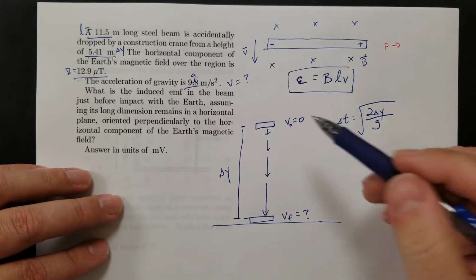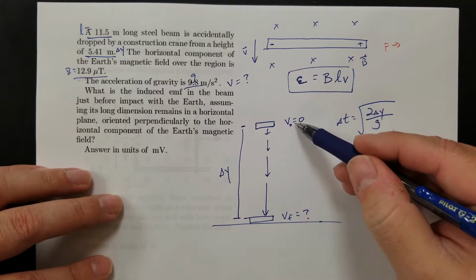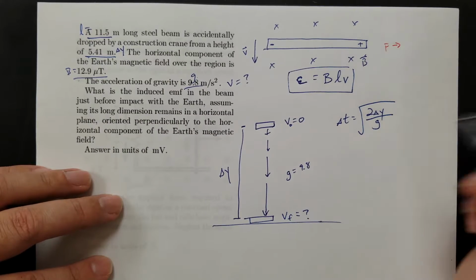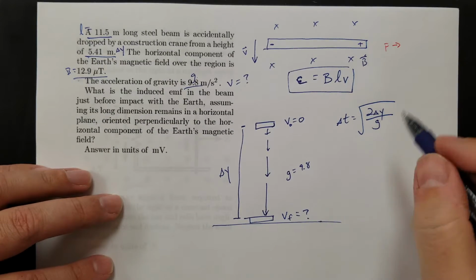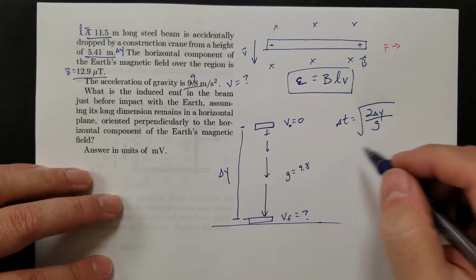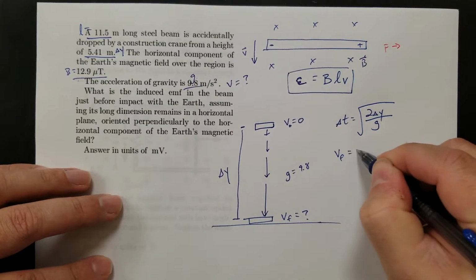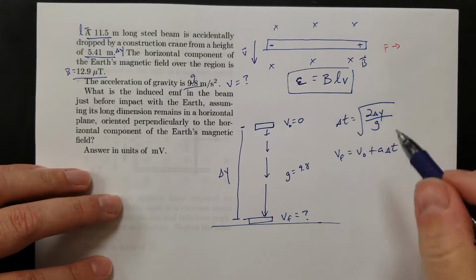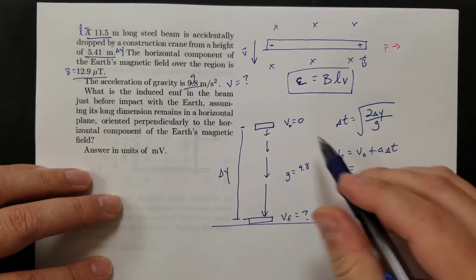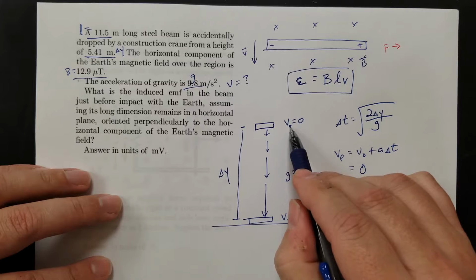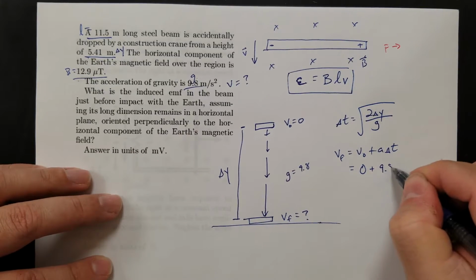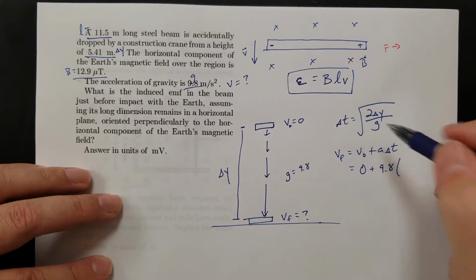Now that I know the time it took to fall, I have initial, I have final, I know g is 9.8. So I can use my kinematics equation, the really simple one, VF equals V naught plus A delta T. VF is what I'm solving. V naught is 0. The acceleration is g, which is 9.8, times whatever delta T I get from here.